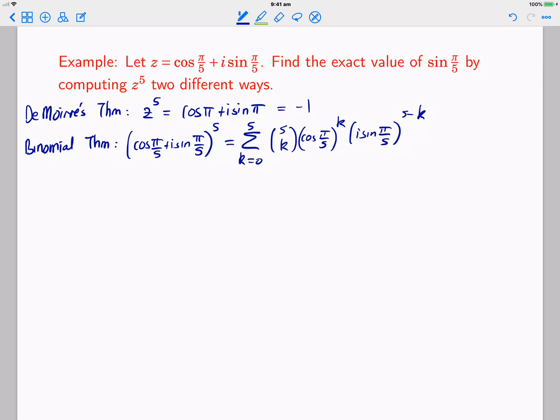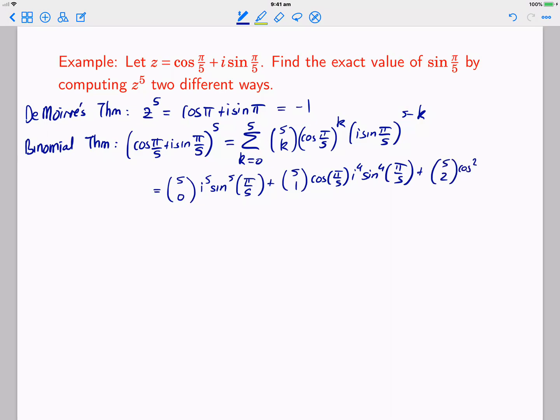You literally just sub in the values of k. If you put k equals 0, you get 5 choose 0. Now cos pi on 5 to the 0 is just 1, so you forget about that, and you get i to the 5, sine to the 5, pi on 5. And then you just keep on going. Put k equals 1: 5 choose 1, cos pi on 5, i to the 4, sine to the 4, pi on 5. Put k equals 2: 5 choose 2, cos squared pi on 5, i squared, sine squared pi on 5. You can see how tedious this is. It really makes you appreciate the theorem.